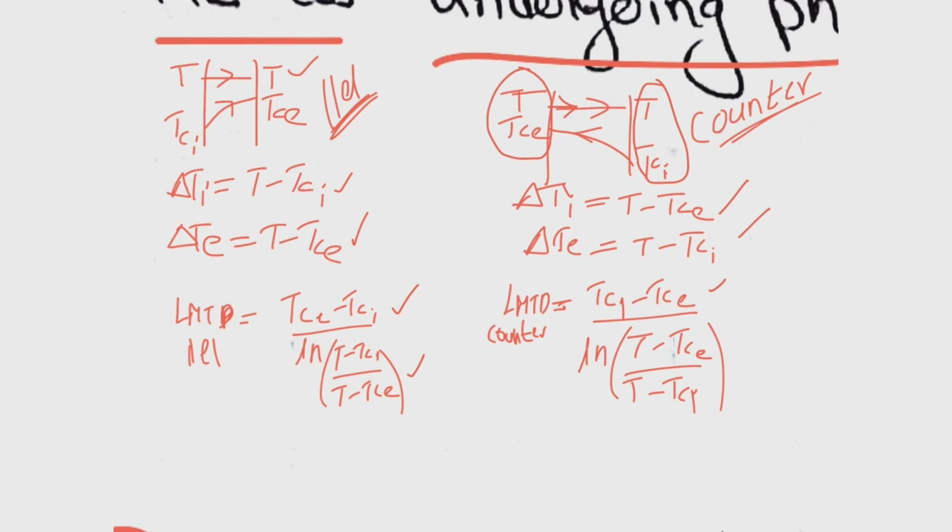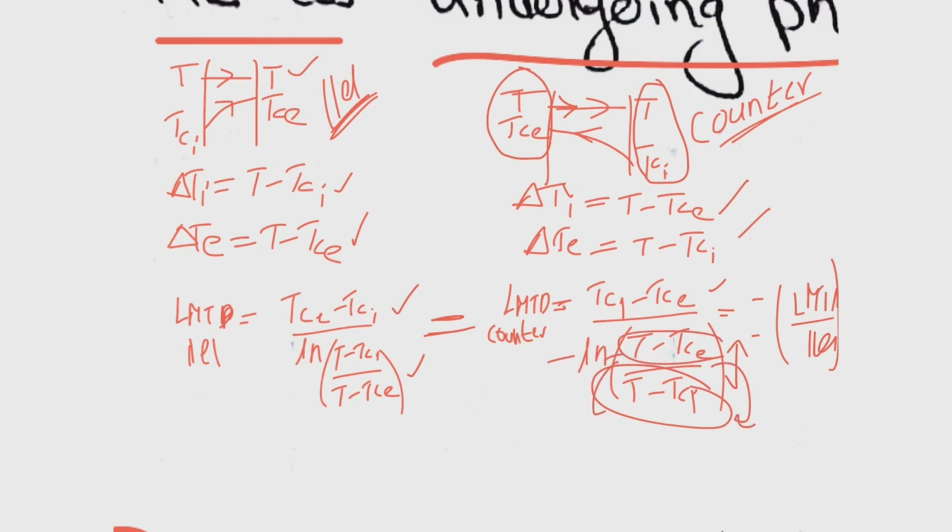If you take out the minus from the numerator and the minus from the denominator, we get LMTD parallel. Therefore LMTD counter is equal to LMTD parallel. How can you take out the minus from here? Just write the log upside down, take this to the numerator and that to the denominator, then multiply with a negative sign.